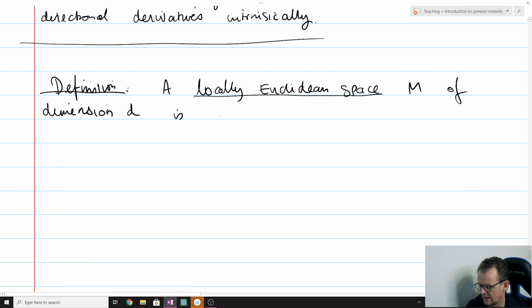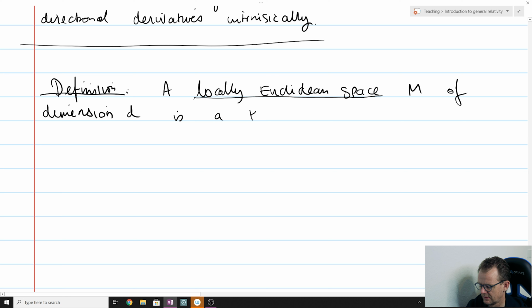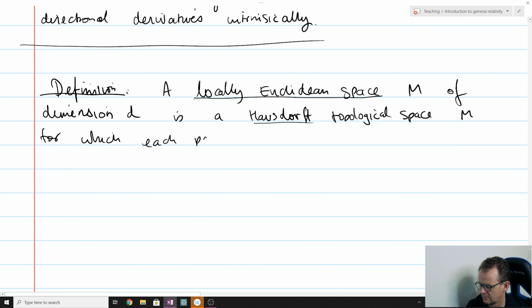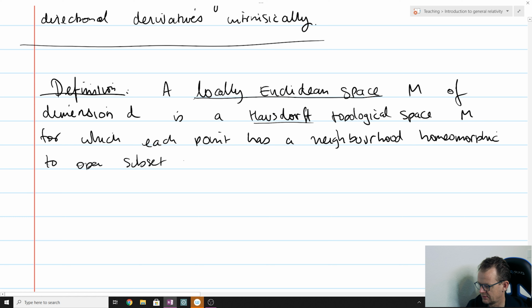Now, a locally Euclidean space M of dimension d, what is it? Well, it's a Hausdorff topological space, so you have to remember what that is: to every point you can put an open set around, and any pair of points can be separated by open sets. A Hausdorff topological space M for which each point has a neighborhood homeomorphic (continuous function, continuous inverse) to an open subset of Rd.